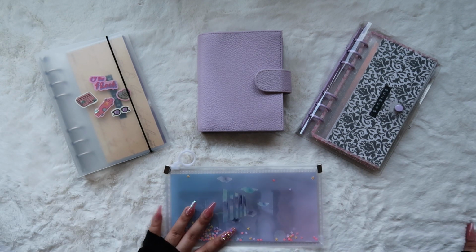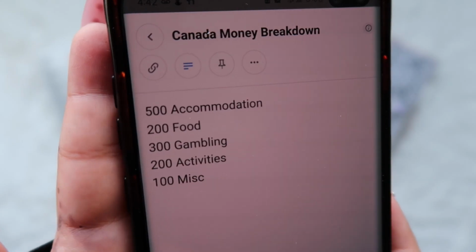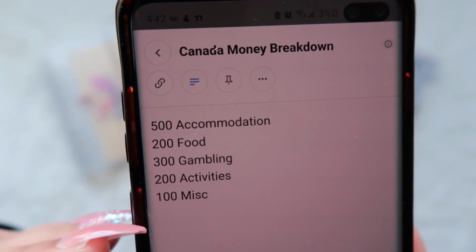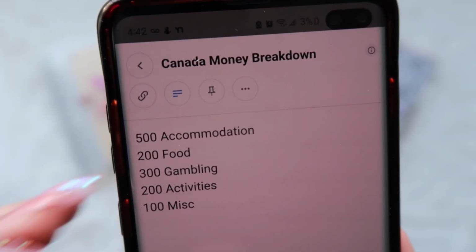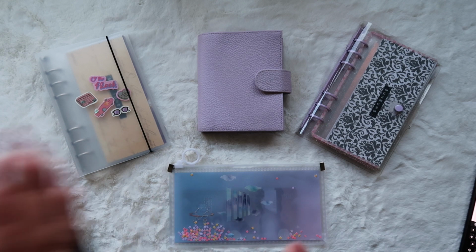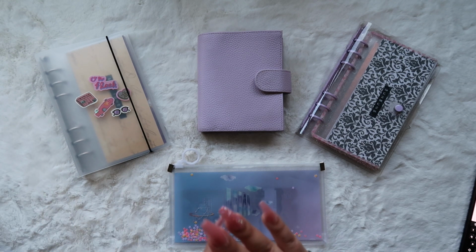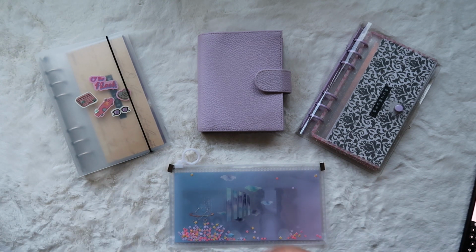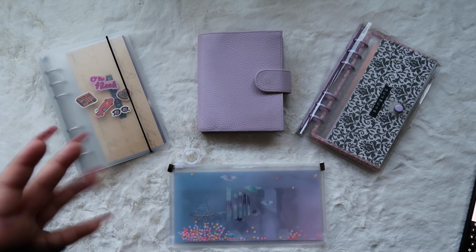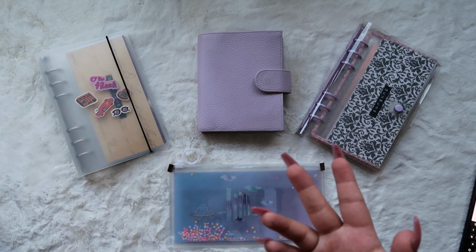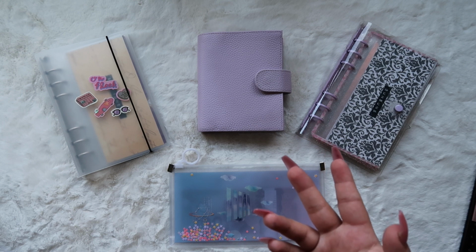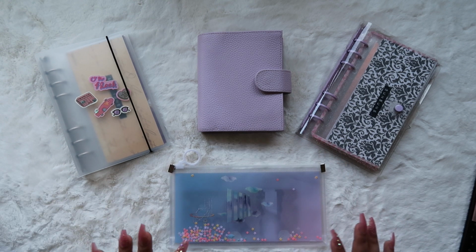So starting off with my quick little budget. I'm not sure if you can see this, but this is my money breakdown and my small budget. I'm going with my friend. The total cost for our accommodation was 1,232 CAD, and we already prepaid a $300 deposit out of that. So all that remains is 932, and divided by 2, that's 450 plus 16, so 468 each.